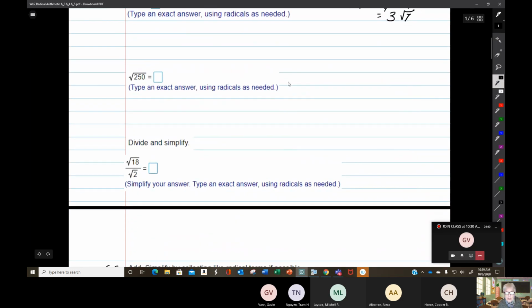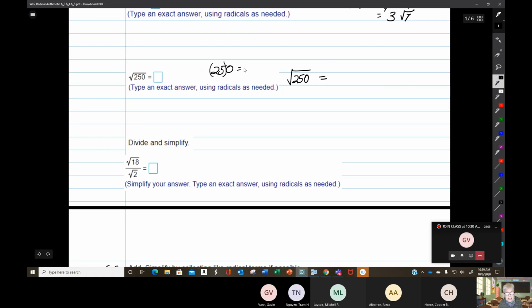Okay, let's take the square root of 250. Now 250, anytime you have a 0 on the end, that means it's the first numbers times 10.